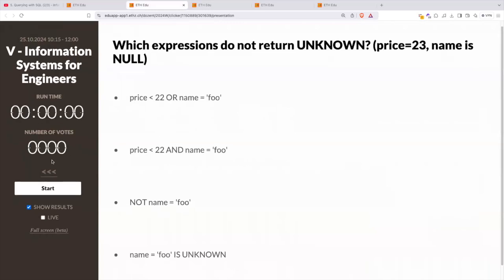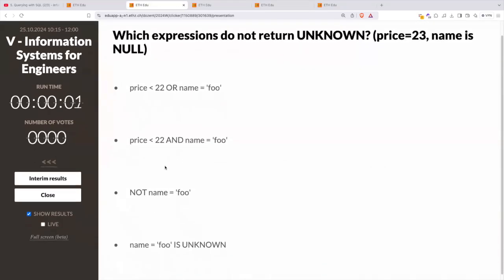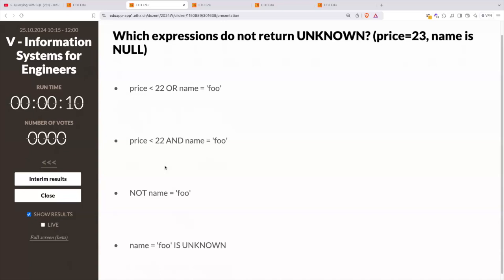And now I have 4 expressions here that would, for example, go to the where clause in a SQL query. I'm asking for the ones that do not return unknown. So some of them return unknown and some of them do not. Knowing that we are evaluating these expressions on a specific tuple, and that tuple has price 23 and the name is null, so we have 23 and null in the columns price and name.